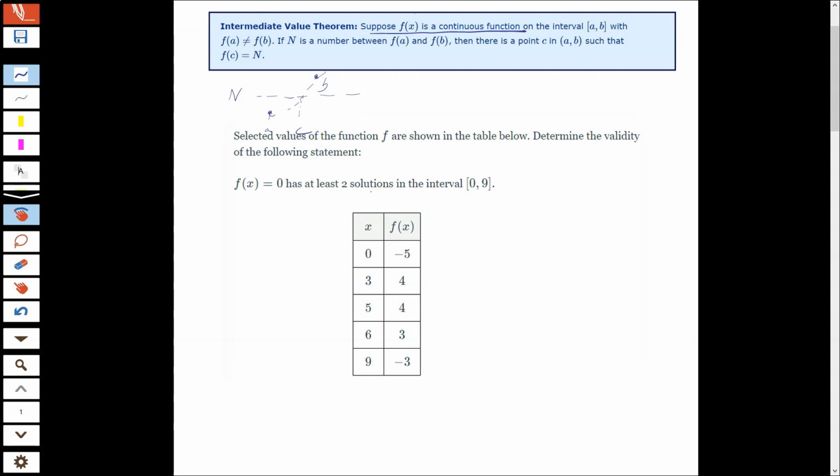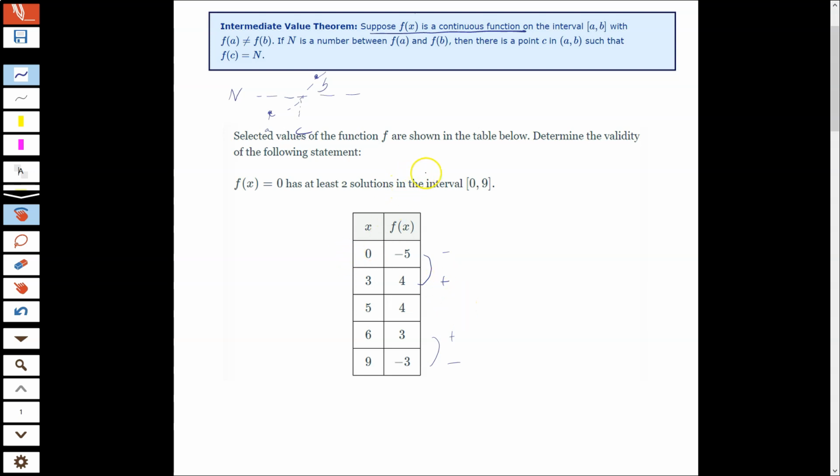I don't know. Well, we might be thinking that yes, this is true because f of x equals 0. Notice f goes from negative to positive here, and then from positive to negative here. So it has to cross 0, right?